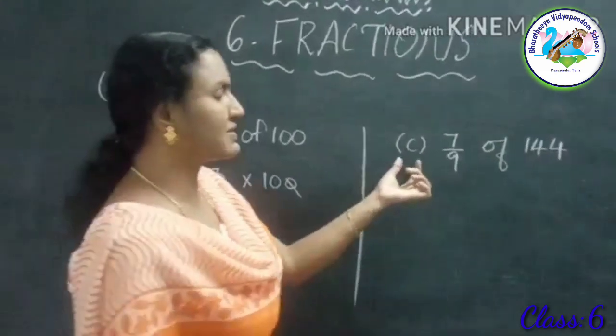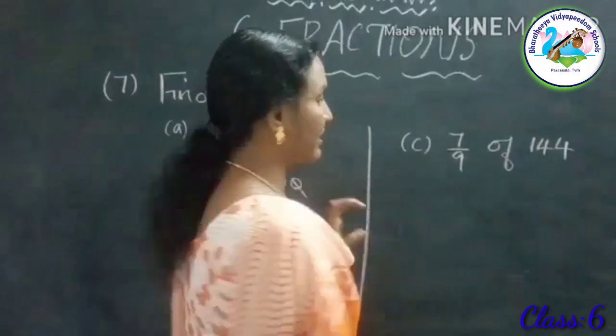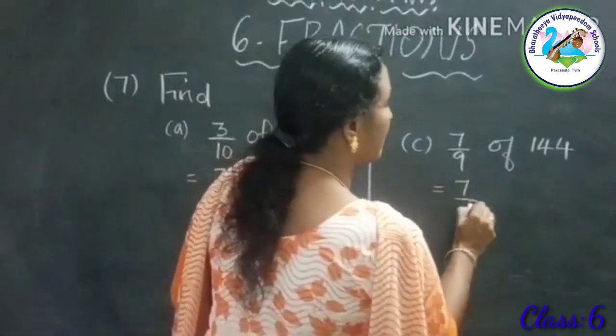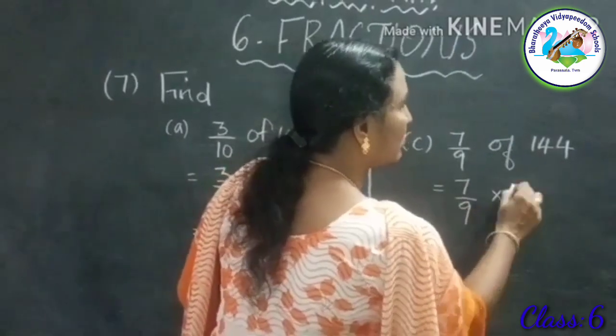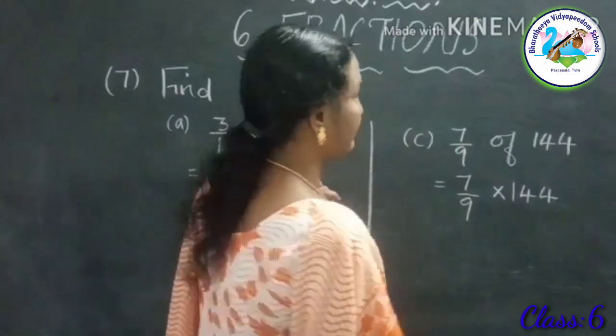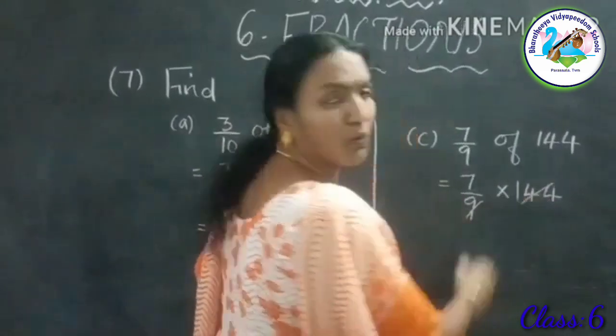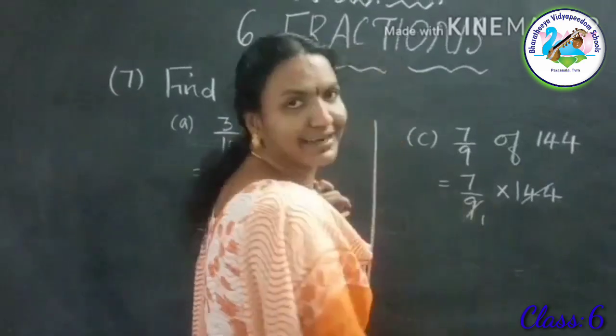The next option, option C, 7/9 of 144 is equal to 7/9 into 144. Okay. Cancelling 9 and 144. 1 9s are 9.